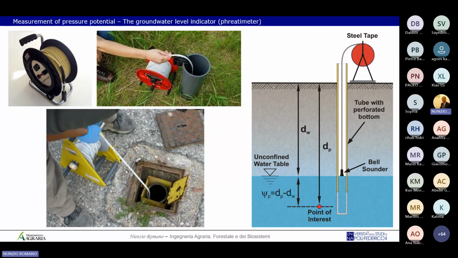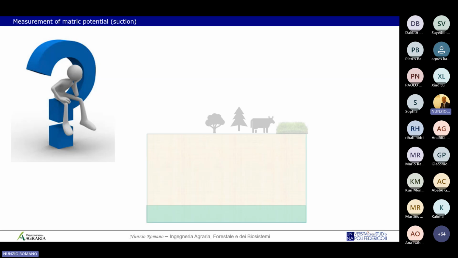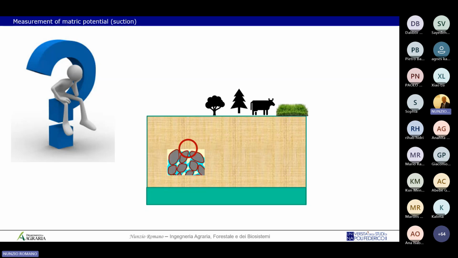Now we are dealing with what happens in the soil, not in the aquifer, and we would like to measure the pressure that water has in the soil, and the aquifer is below. Maybe the water that I put into the piezometer of course goes to the aquifer, but I want to adjust the comment a little bit.